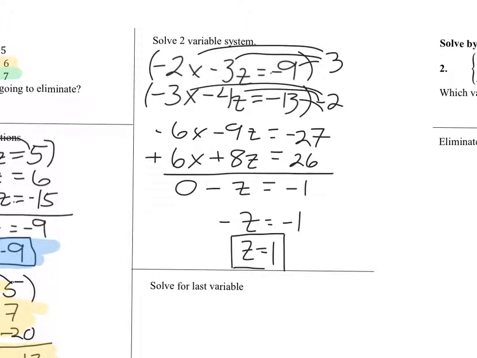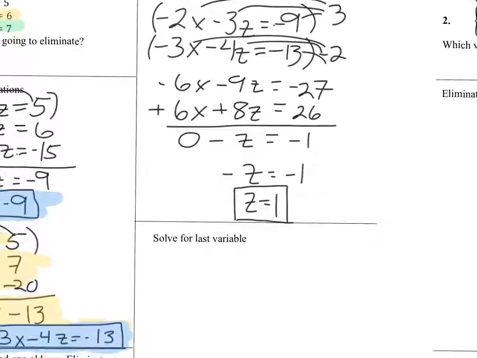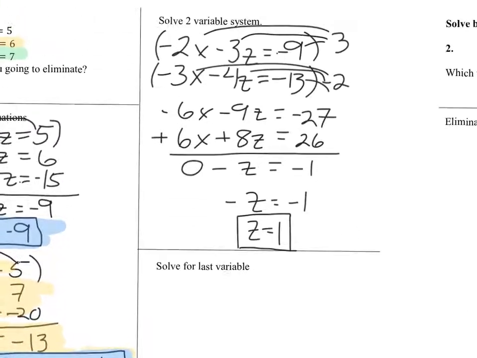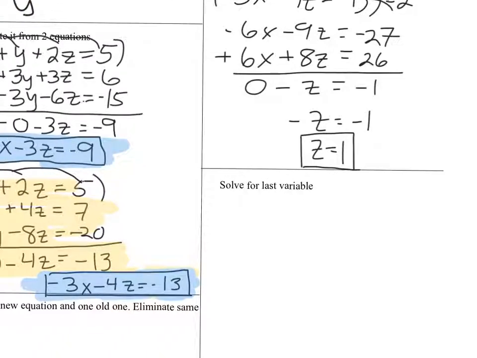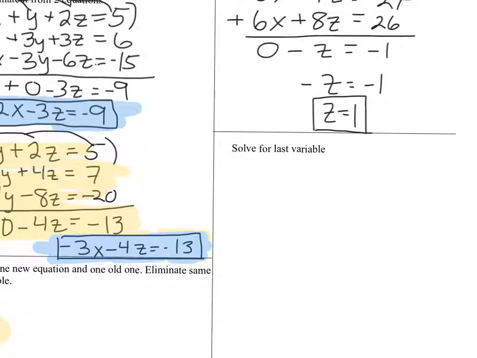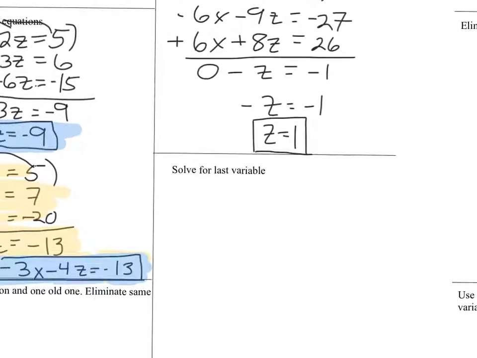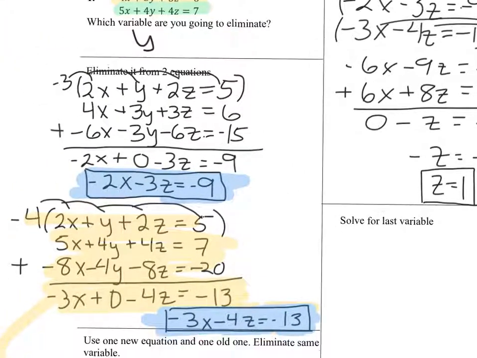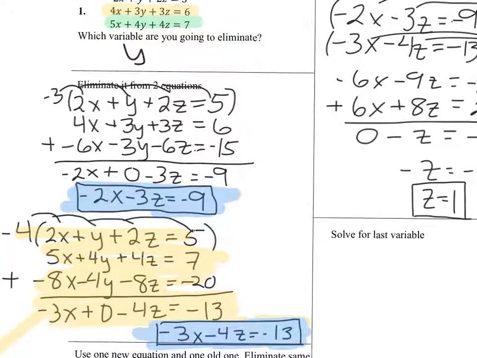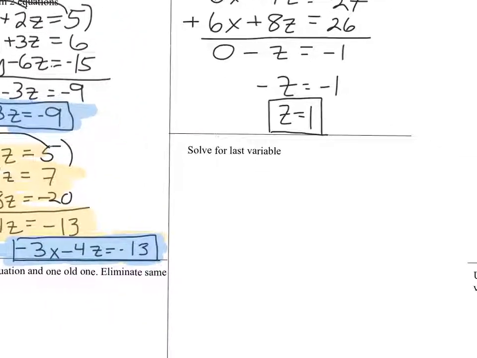Now, when you solve for one of these variables, you have the ability to solve for the remaining variables. Because we can now solve for z, since I know my z, I can find x over here in this little blue box. And then we can also solve for the last variable, the y we just eliminated. So let's go and do that.